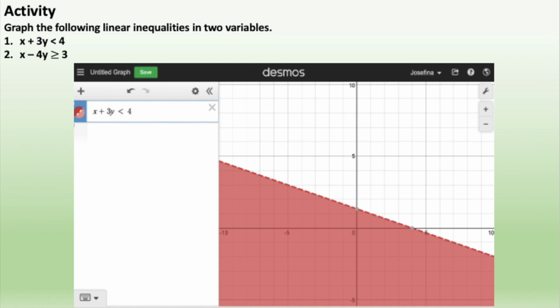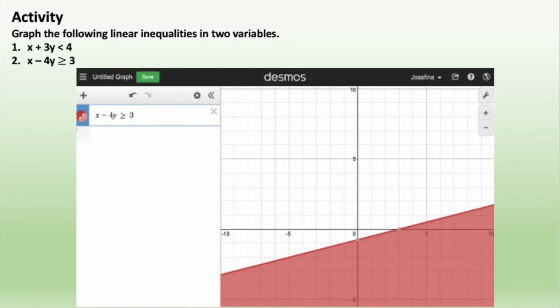So this is the correct graph in number 1. This is also the correct graph in number 2. I used Desmos. Desmos is a free online graphing calculator. You can also use this to double check your answer when you are graphing.